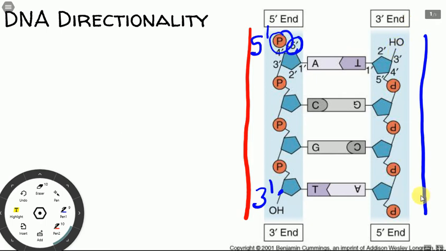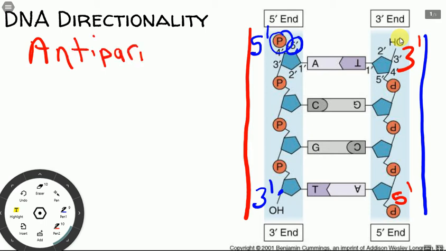Down at the bottom here you can see the 5' end is actually on the opposite side of the 3' end of the red strand, and we can see this is the 3' end with the hydroxyl group hanging off here. This idea that they run in opposite directions is sometimes called being anti-parallel.